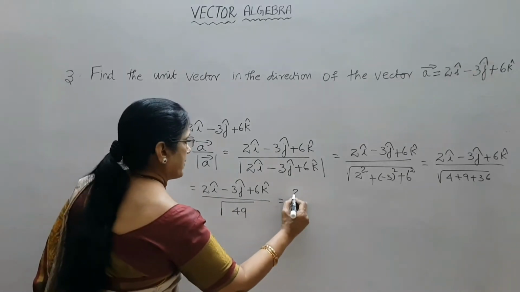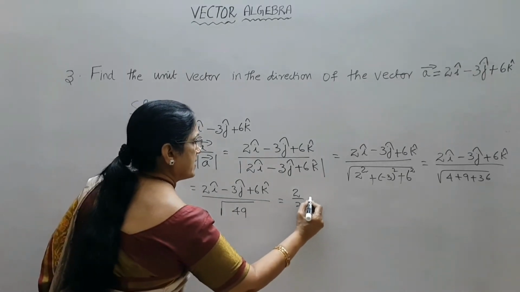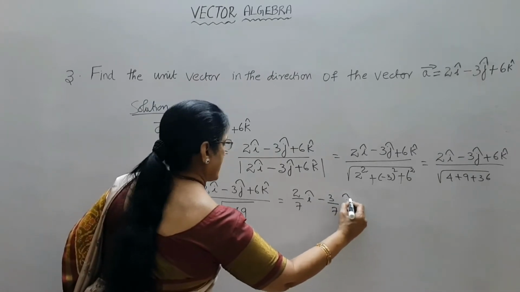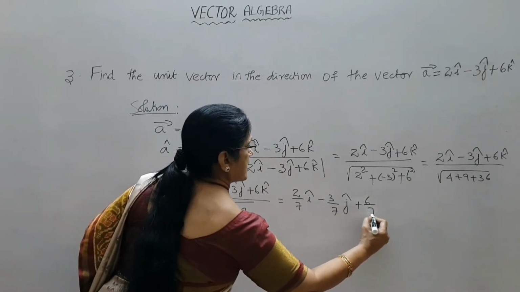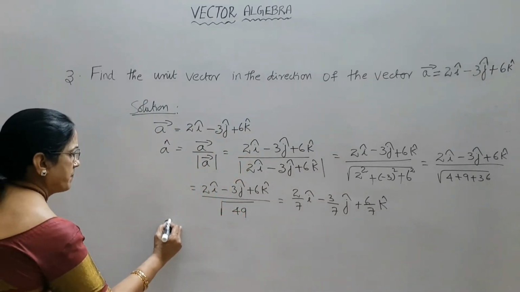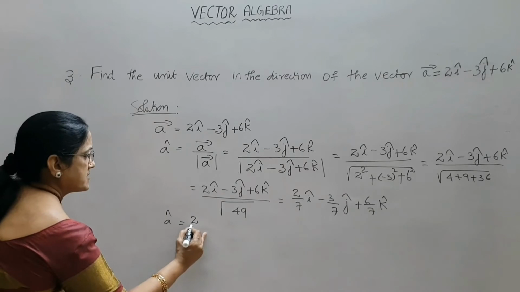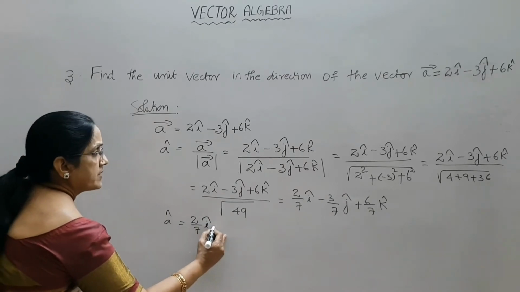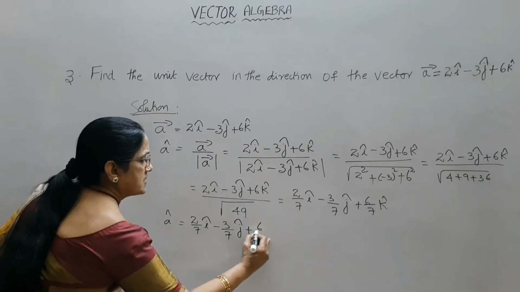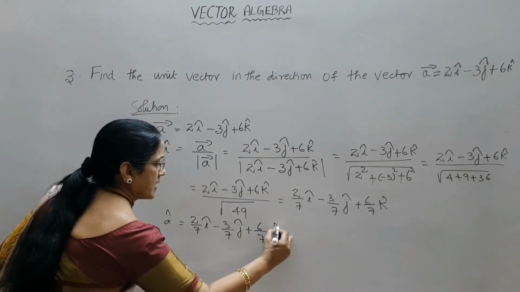So this is nothing but 2 by 7 i cap minus 3 by 7 j cap plus 6 by 7 k cap. That is, a cap is equal to 2 by 7 i cap minus 3 by 7 j cap plus 6 by 7 k cap.